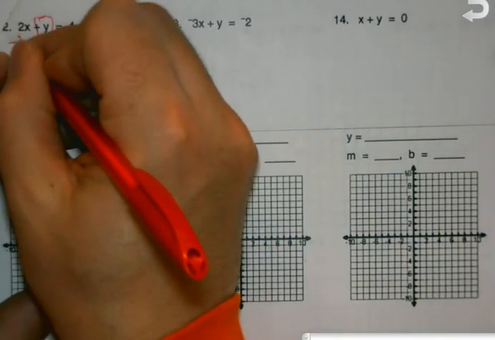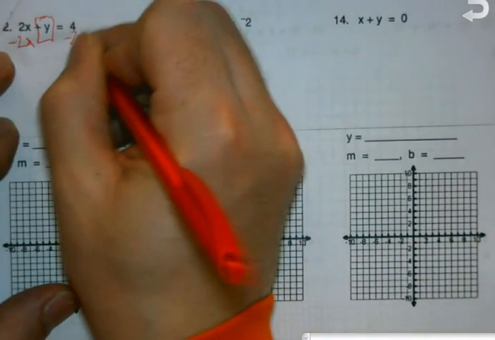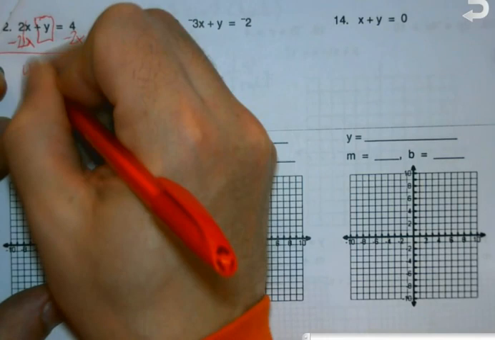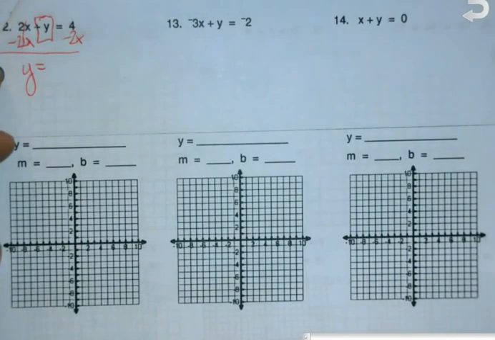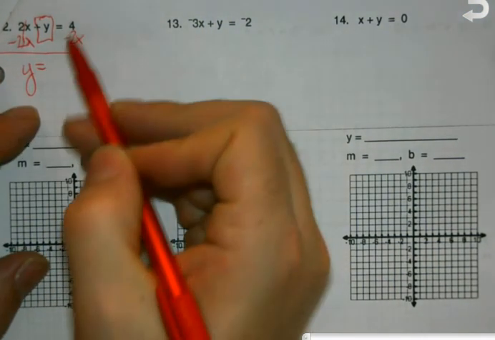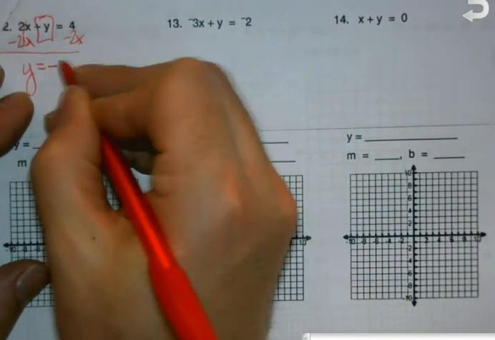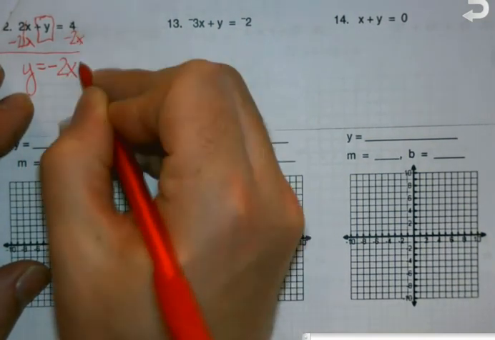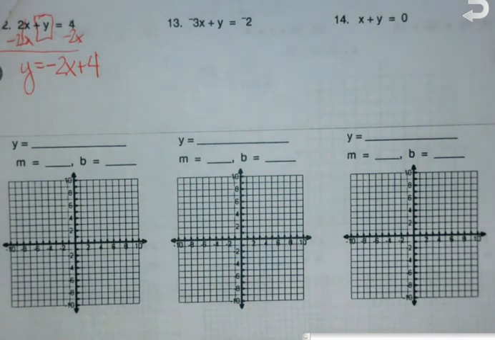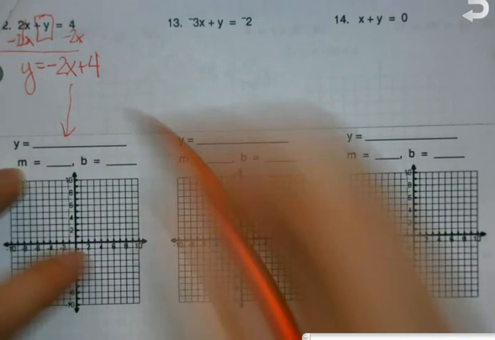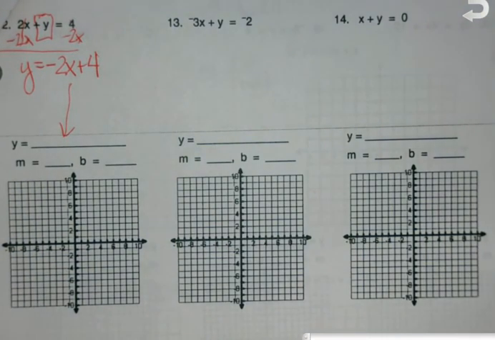Subtract it from both sides. And a reminder: this has x and this doesn't. I write the x part first and the plain number part second, because now it looks like all the things we've been graphing. Let me put an arrow here, so it's going to go down here.